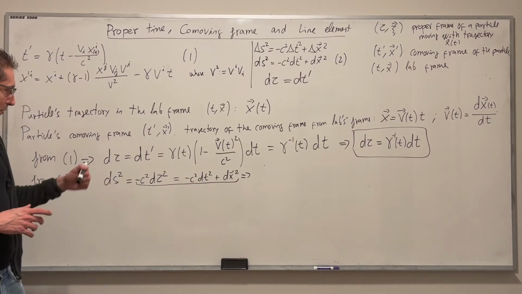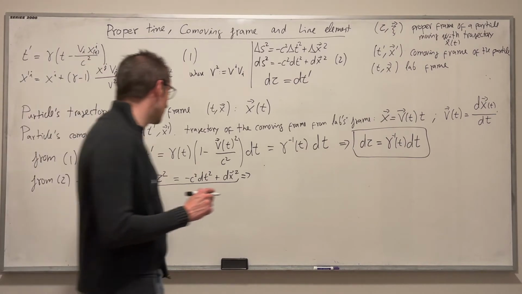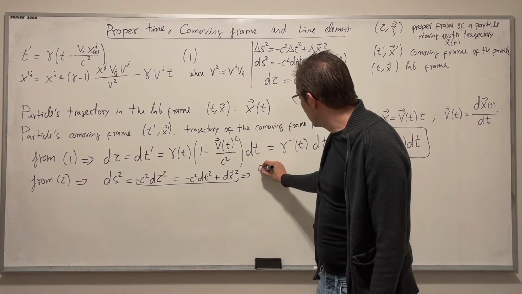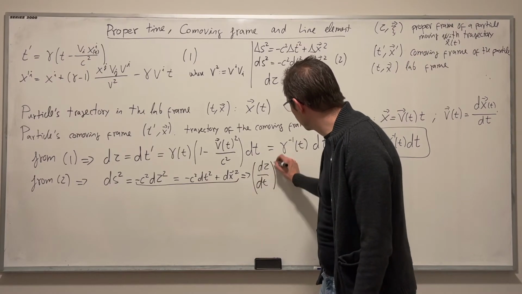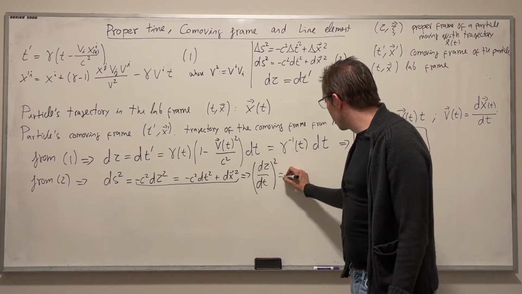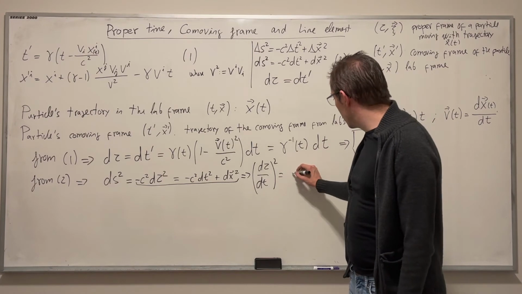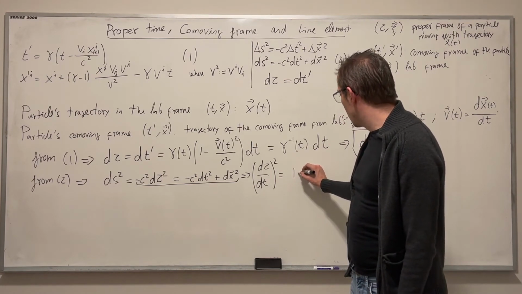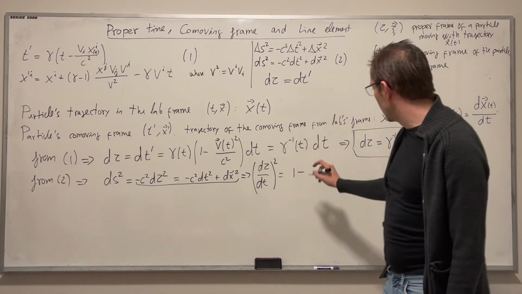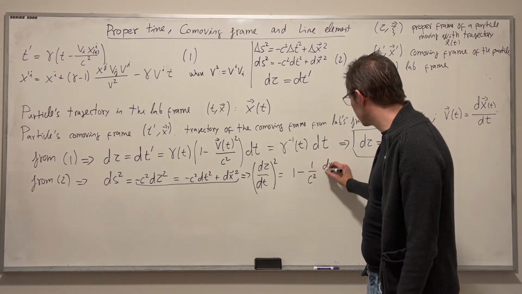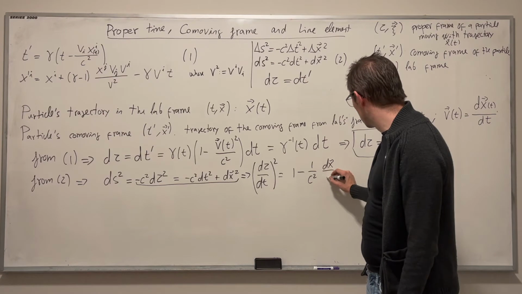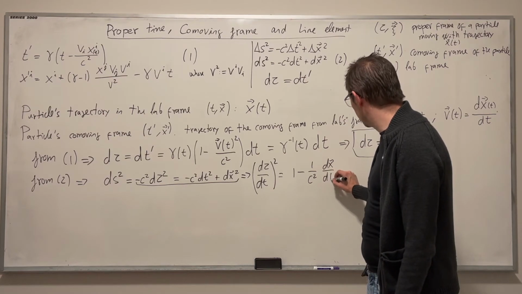So from that, we have an equality, and from this equation, we can write that d tau dt squared is equal to 1 minus 1 over c squared dx dt squared.